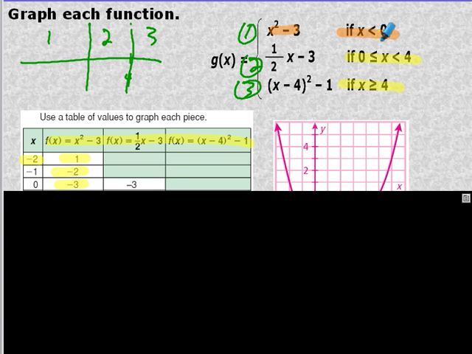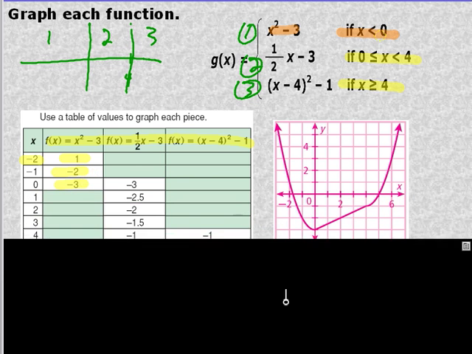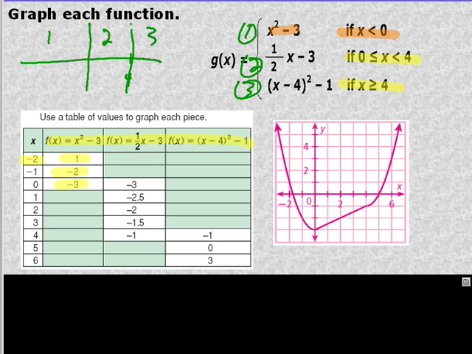We know quadratics are parabolas, so we're going to make our open circle here for that. And then we have a -1, -2, and then a -2, 1, which is here. So this is our parabola. It goes forever in that direction.